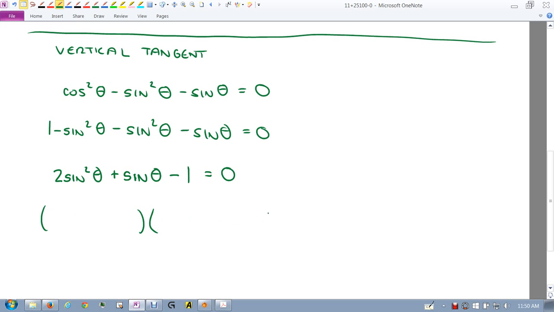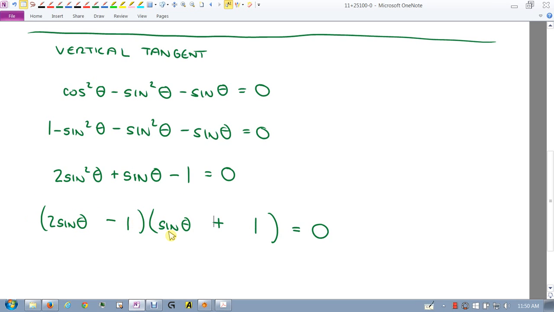I'm hoping for the best here. 2 sine theta, maybe a 1 here, a negative 1 here. Does that work? I think it does. 2 sine theta times sine theta is 2 sine squared theta. 2 sine theta times 1 is 2 sine theta.